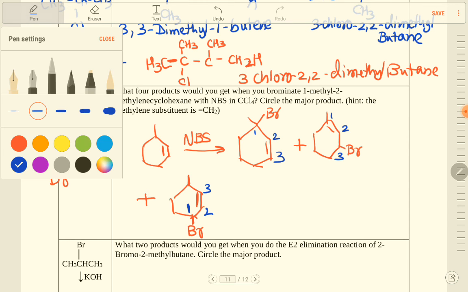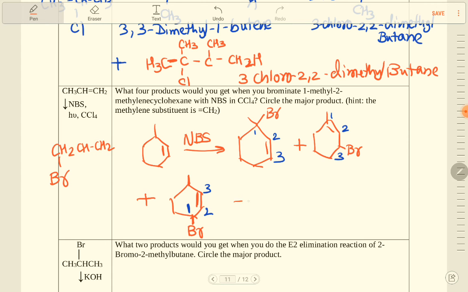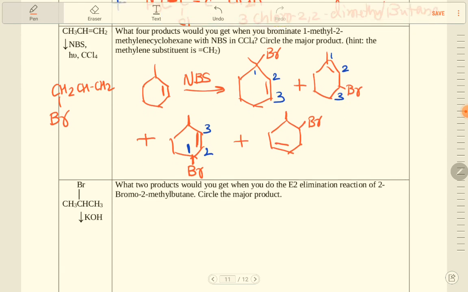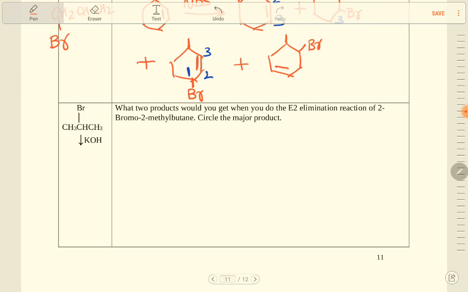Okay, so that's the third product, and the fourth product is, okay, now you guys need to find out what's the major one that you get. So these are some of those hints.